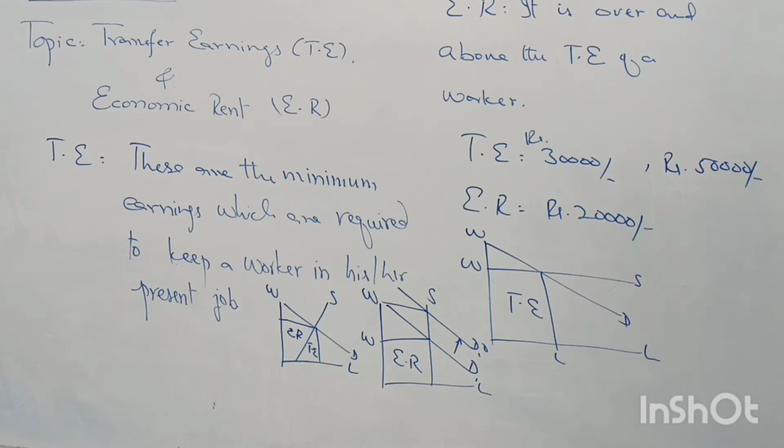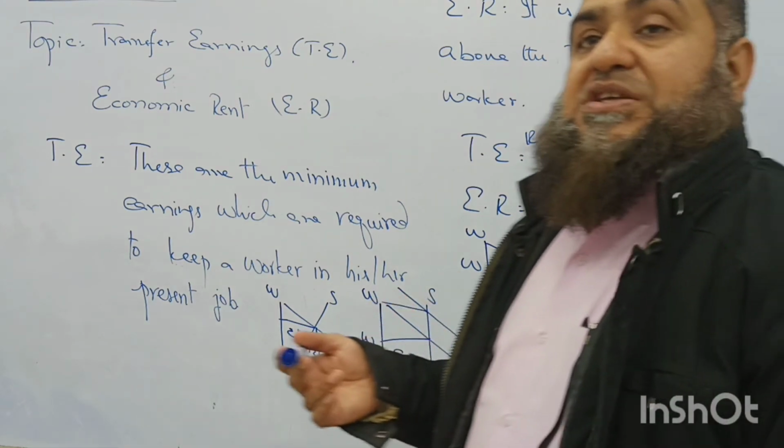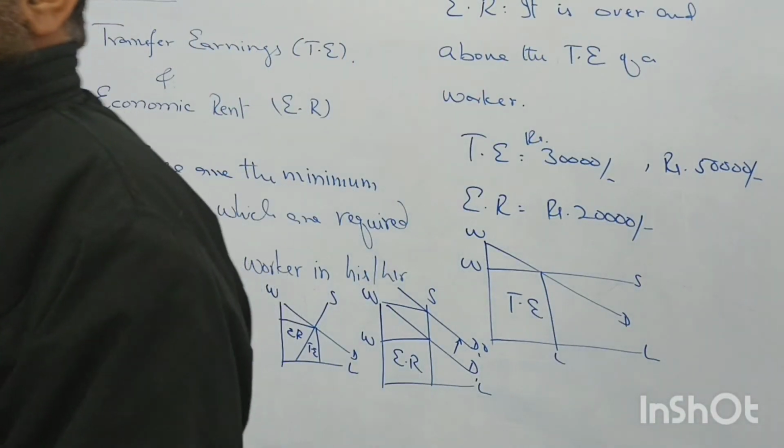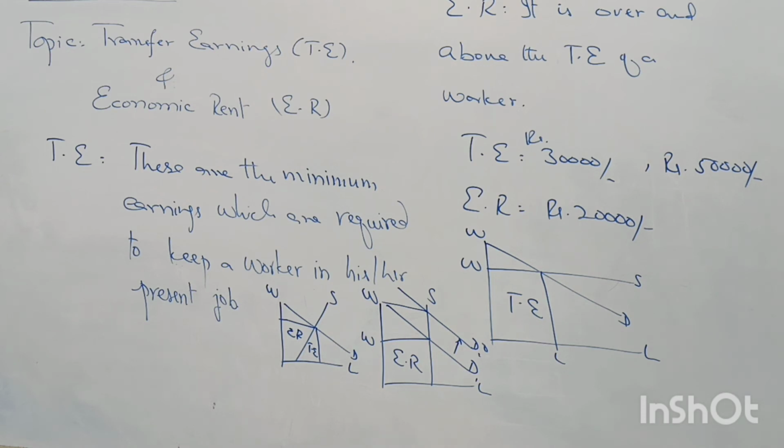Suppose the lender wants to lend money at a 6% or 7% rate of interest, but the market interest rate is more than 6 or 7%. That is 13%, 14%. So over and above his willingness to lend, he is going to earn economic rent on the capital which he has.